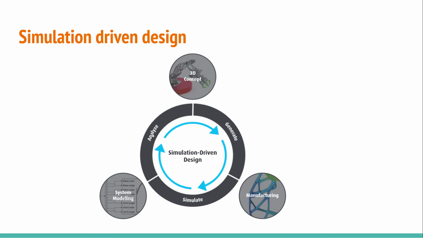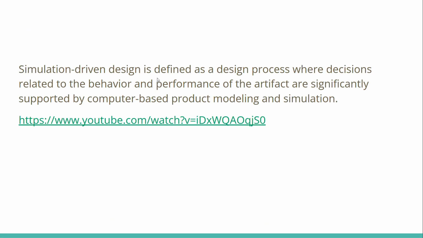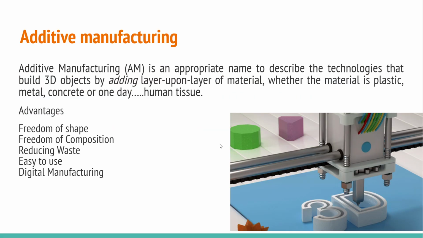Example: using FEA and CFD to finalize the design of turbine blades before the prototype. Simulation driven design is a design process where decisions related to the behavior and performance of the artifact are given significant support by computer based product modeling and simulation.